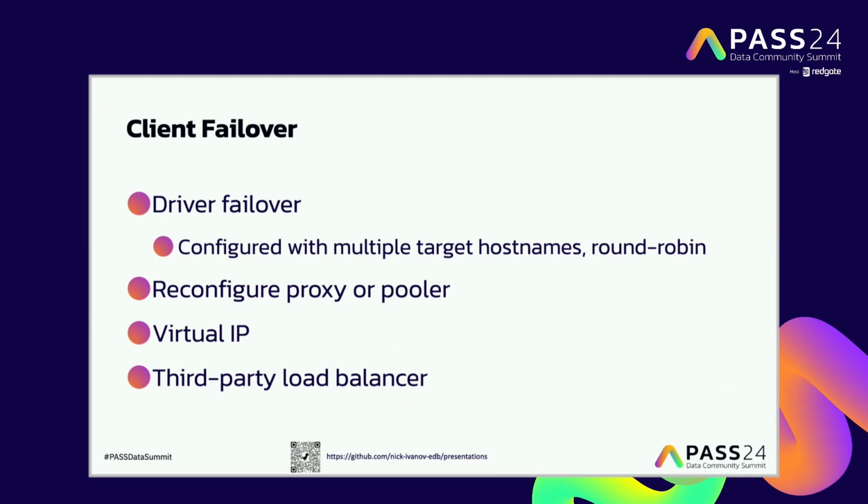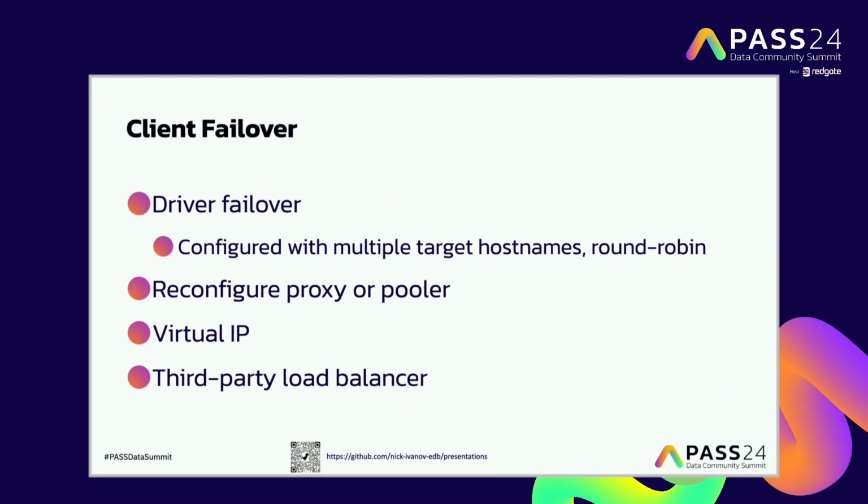Client failover. How can you implement client failover to the new replica? First of all, there's a built-in mechanism in the libpq communication library of Postgres that allows you to specify multiple host names in the connection string, which the driver will then try in order. If it cannot connect to the first one, it will try the second one.